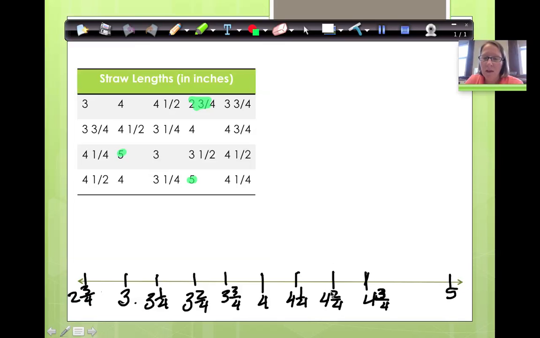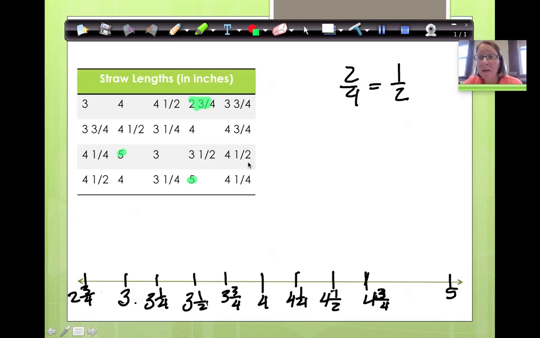Now, all these 2/4, what can I change the 2/4 into? I can change all of these 2/4 into 1/2, can't I? Because that's another way to write the same thing. So I can change this into 1/2 because 2/4 equals 1/2, doesn't it? And I noticed that these were all written that way.